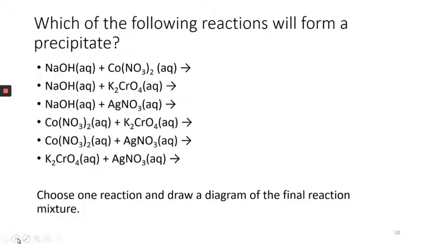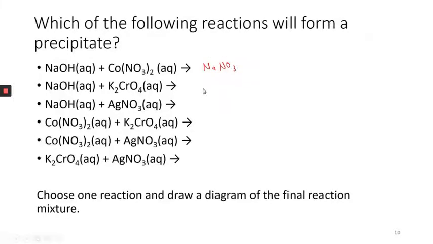So here are some double replacement reactions, and the question is, which ones will form a precipitate? So let's predict our products and balance our reactions. Here we have sodium nitrate, and what did I tell you about nitrates?